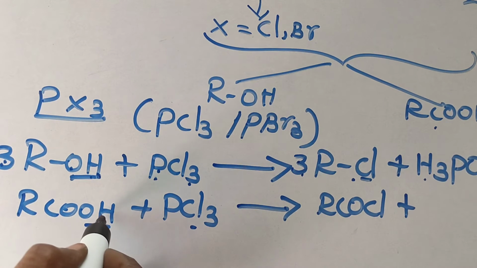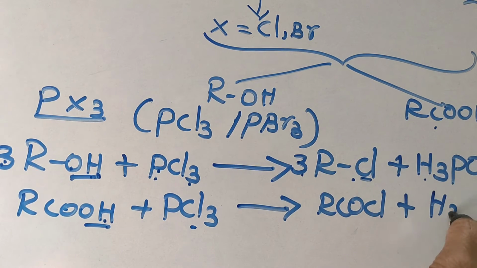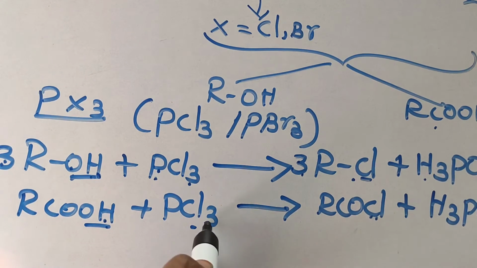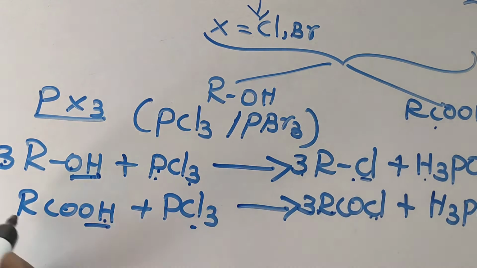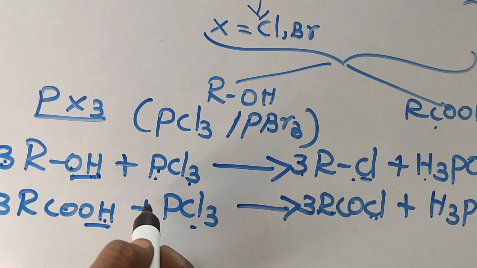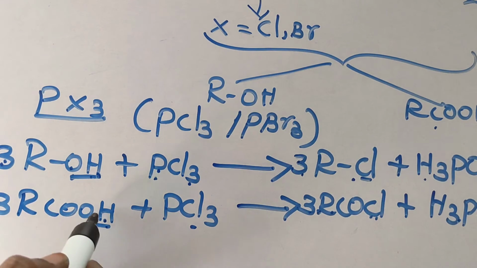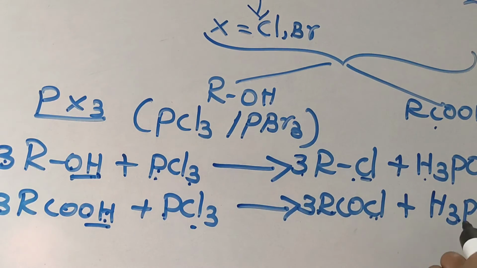H3PO3. Here Cl is only 1 but 3 here, so we will write 3. Then you can find out how it came. H3PO3: hydrogen 3, oxygen 3, phosphorus 1.